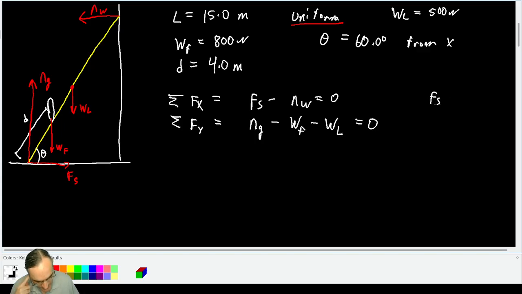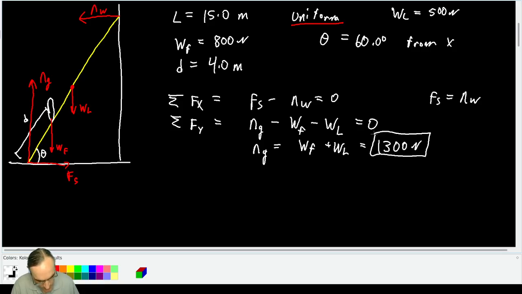So this tells us the size of the friction force and the normal due to the wall must be equal. This tells us the normal due to the ground. We actually know it. It's the weight of the firefighter plus the weight of the ladder, so it's going to be 500 newtons plus the 800 newtons. So 1300 newtons. We've got one of the three things we're looking for.